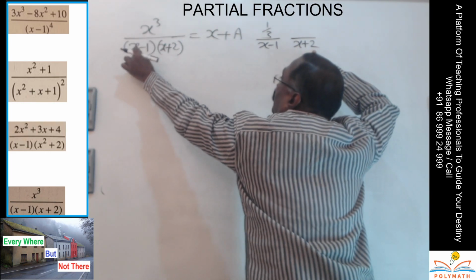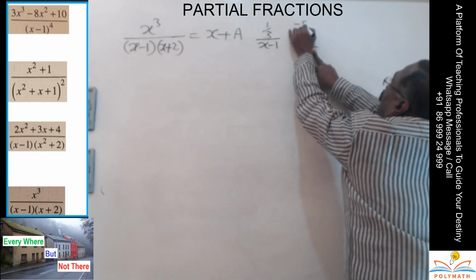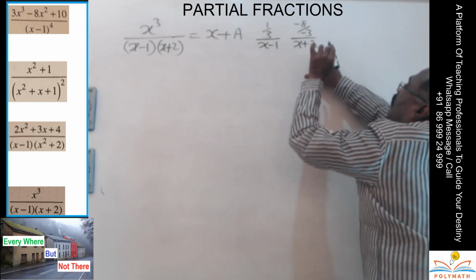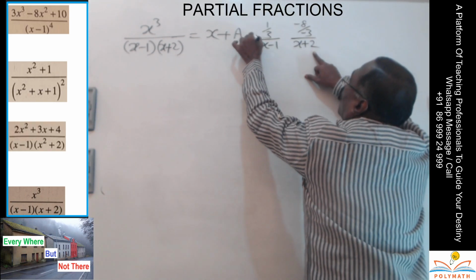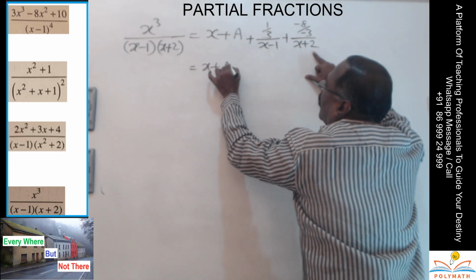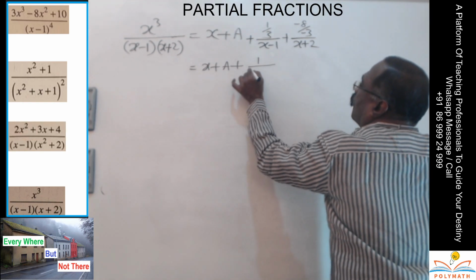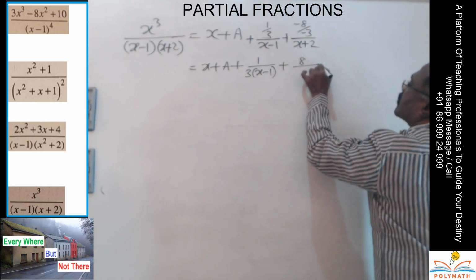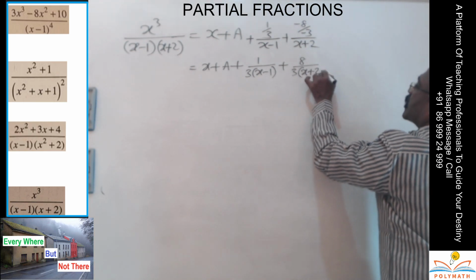Minus 2 cubed, minus 8, divided by minus 2 minus 1, minus 3. So what you get finally is x plus a plus 1 by 3 into (x minus 1) plus 8 by 3 into (x plus 2).